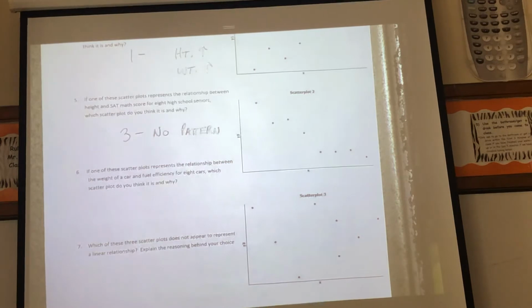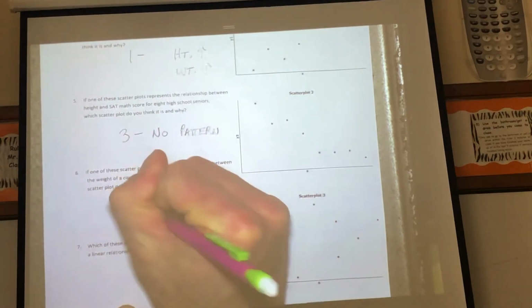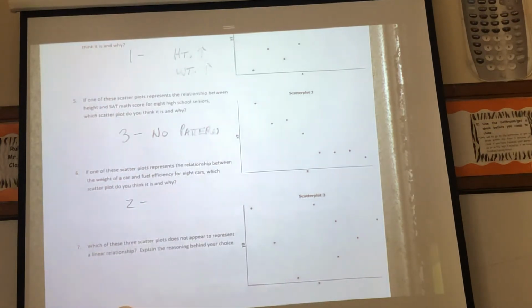Whereas if you had a smaller car like a sedan or a Honda, you may be able to get more mileage out of the same amount of gas. So what this is saying, I'm going to go with choice 2. The bigger the car, the worse the fuel efficiency. So the heavier the car, the worse the fuel efficiency.